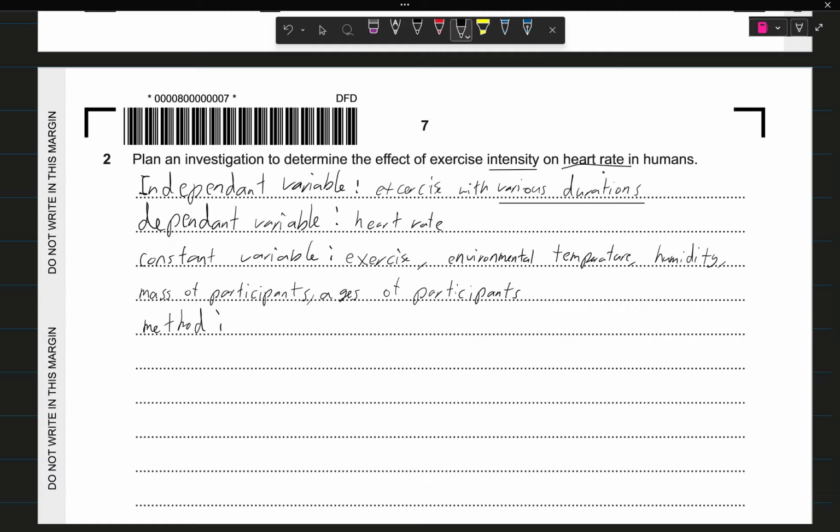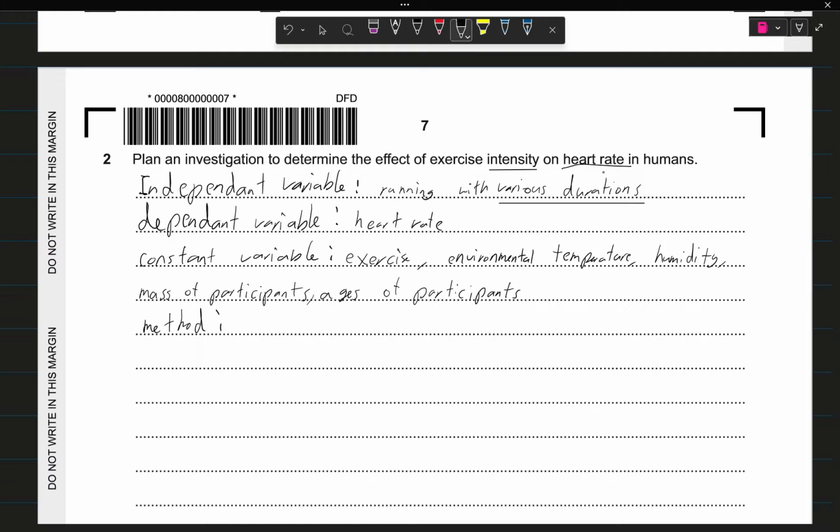Okay. So with that done, we can move on to the method, which is basically the steps that you take to do the experiment. First of all, let's say that we are experimenting for running. So in this case, we will put the exercise here as running, with various durations.